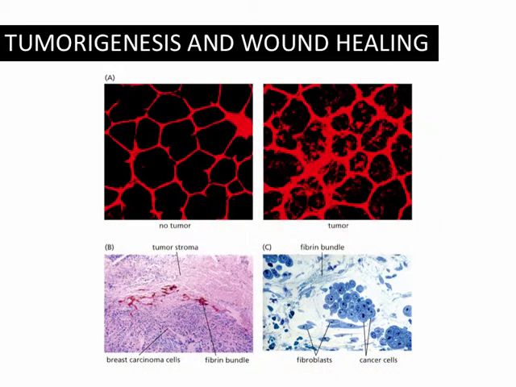If you look at tumors, like I said, you see these similarities between wound healing and tumor structure. If you look at newly formed vasculature in a wound, it's not fully formed, and so it's somewhat leaky. If you look at healthy, fully formed vasculature, it's not leaky at all.